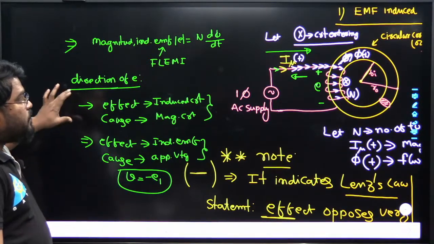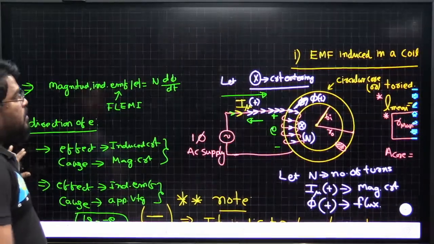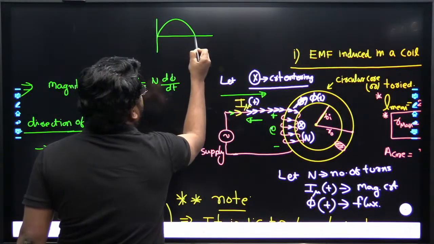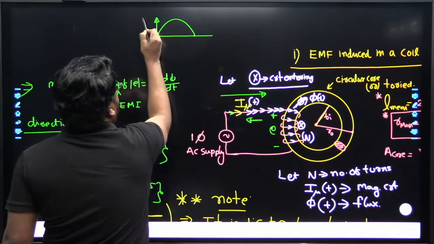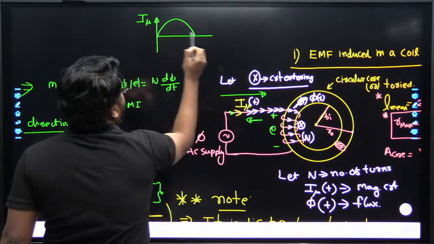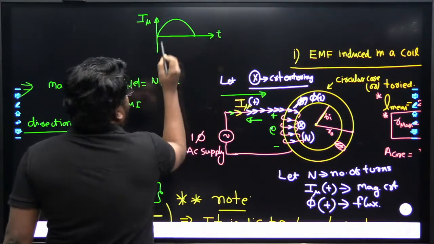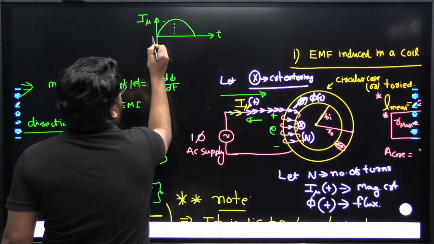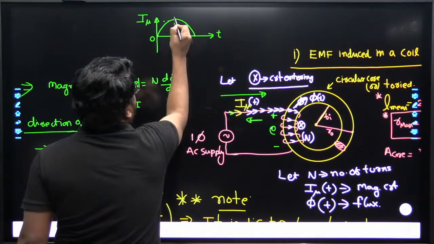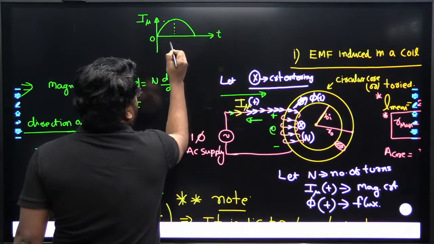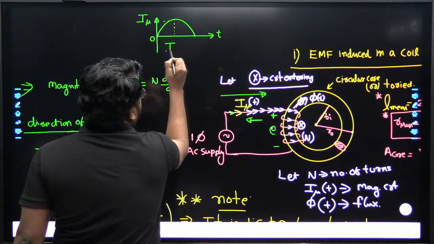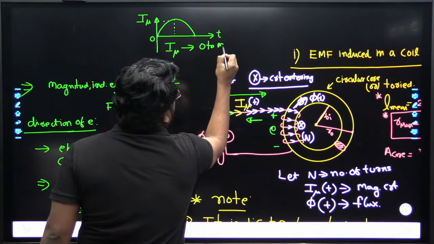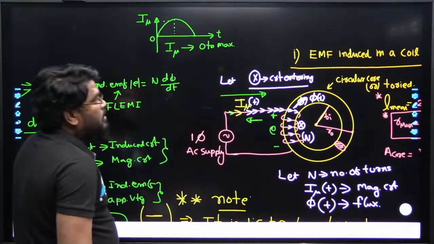Suppose we have one more question. Here, this is the positive half cycle. See here, all of you. It is the magnetizing current, and it is T. Now we have the maximum value of the current. Initially it is 0, then it comes to the maximum. Whenever the magnetizing current changes from 0 to the maximum, what will happen?